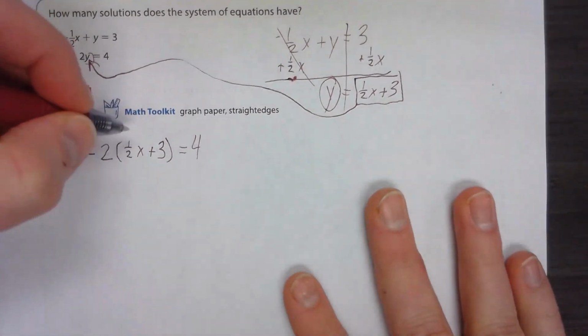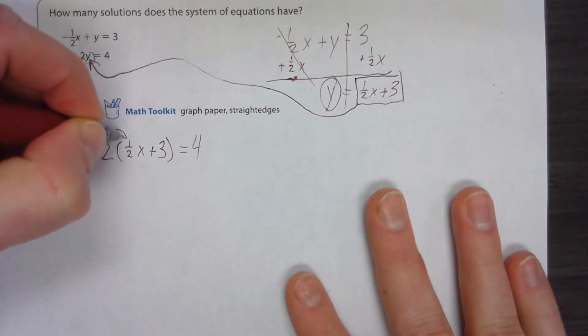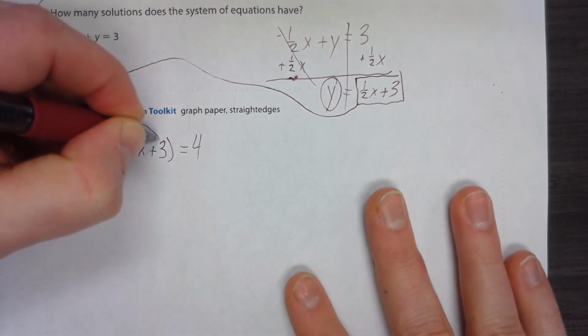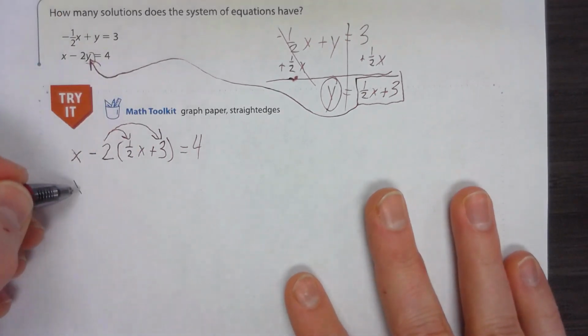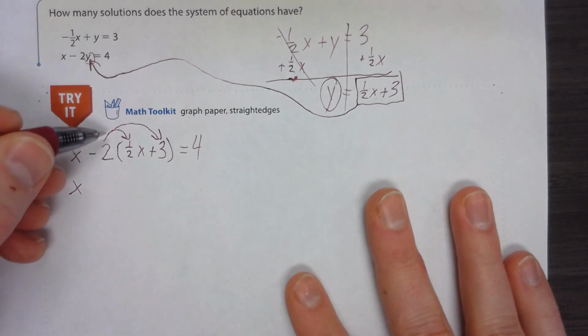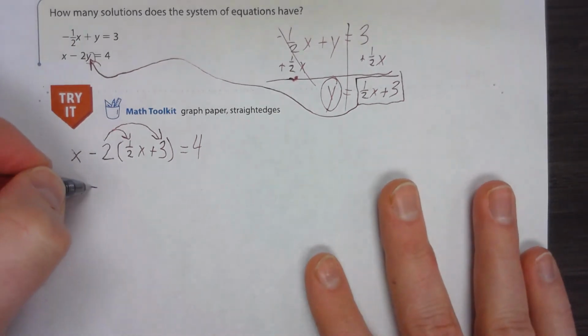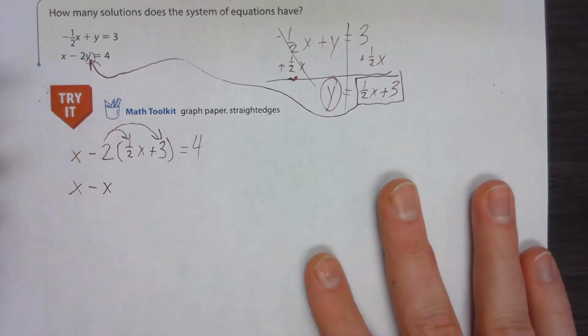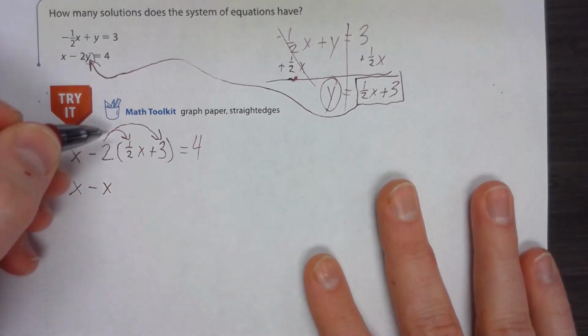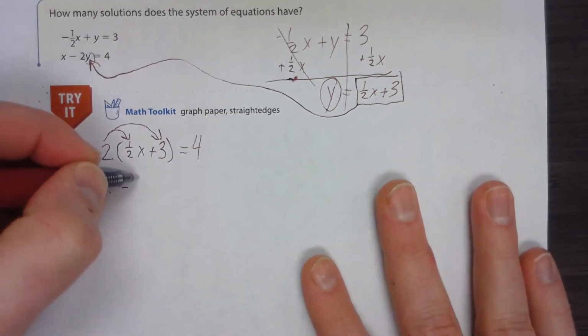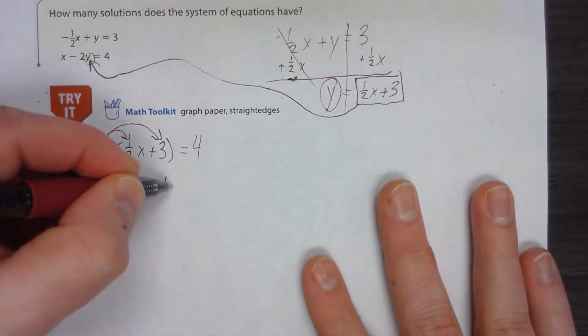Okay, so I'm going to distribute. Okay, here we go. So we still have this x. This is negative 2 times 1/2. Half of negative 2 is negative 1x, of course. And negative 2 times positive 3 is negative 6. This still equals 4.